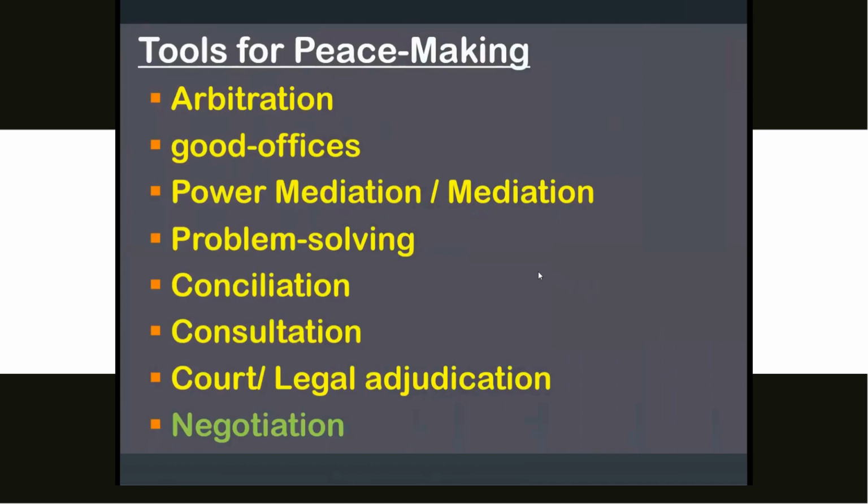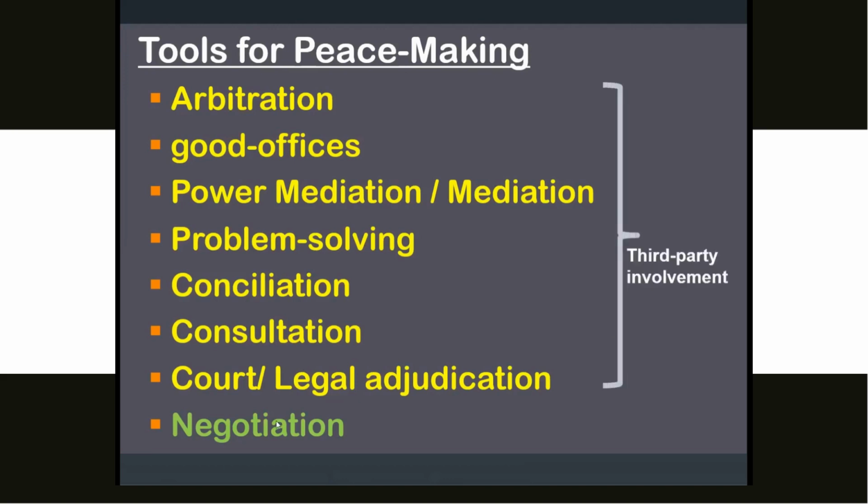We have different tools in peacemaking before negotiation. So we look at those different tools. You may know some of the terms, such as mediation. You may hear good office, arbitration. Negotiation is where parties come to the table and discuss directly.